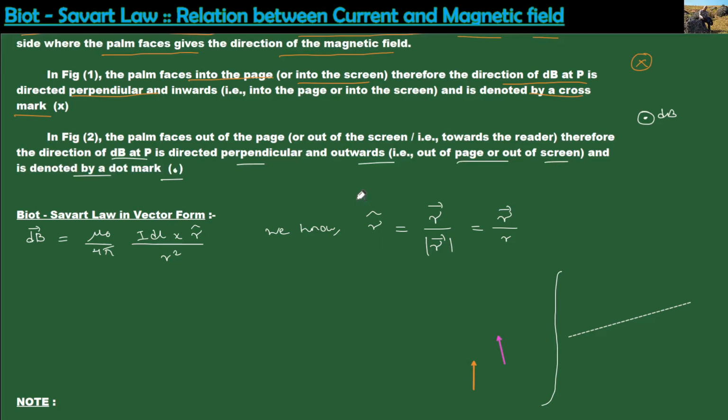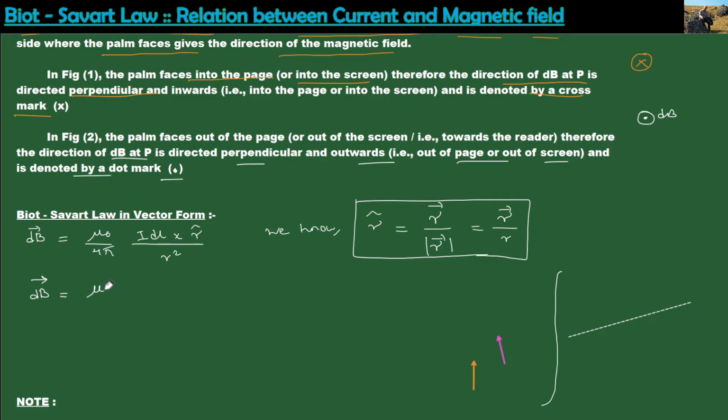This is the definition of a unit vector: the position vector divided by the magnitude of that vector. So from here dB can be expressed in vector form, and once we express it in vector form, remember to always write down the bar notation. This indicates the vector notation.